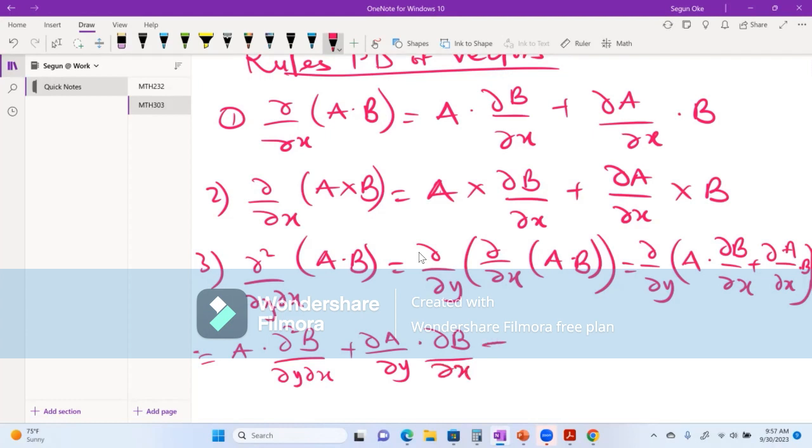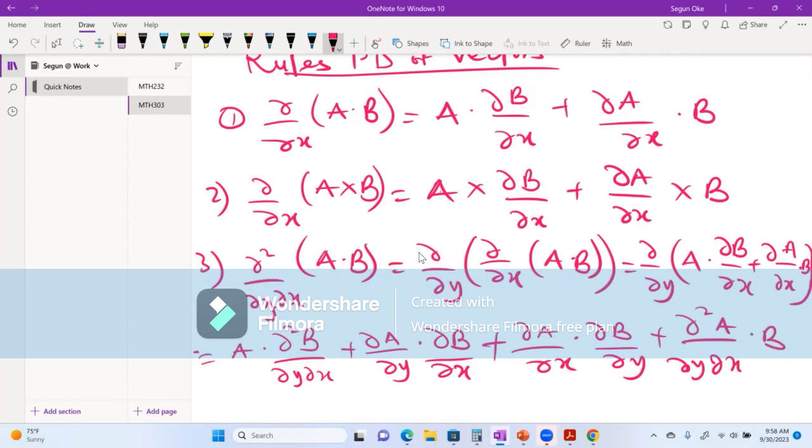So plus the a, the x, dot the b, the y, plus the square a, the y, the x, dot b.